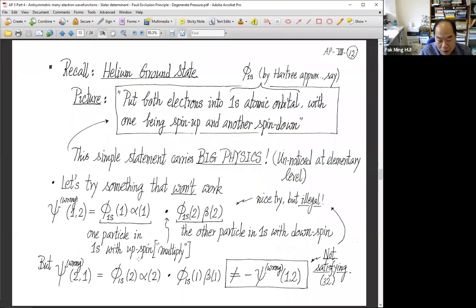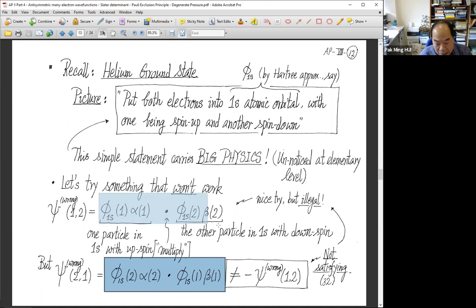The first trial is too rough. I have assumed I know which electron is which: 1 is up, 2 is down. I assume too much. Therefore, I know how to write down the right one. I use this minus this.